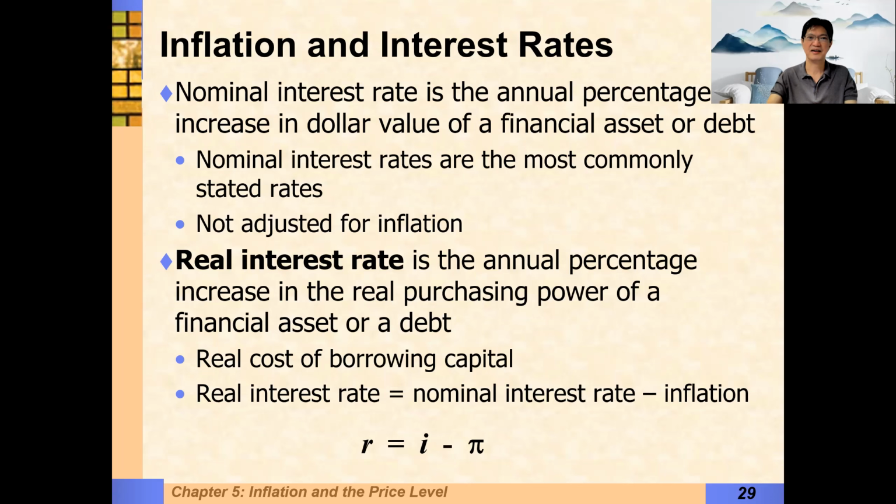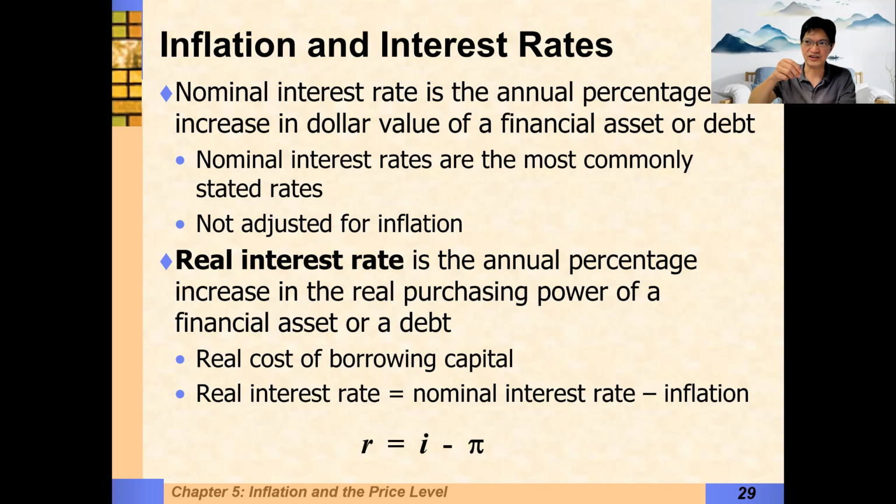Because whatever I buy with the money I borrow, it's gone up 10% in price, but I only need to pay them 8%. So let's say I borrow $1 million and what I bought has gone up by 10%. Now it's worth 1,100,000. I only have to pay them back 1 million plus 80,000. So I gain if the inflation is higher than the nominal interest rate.